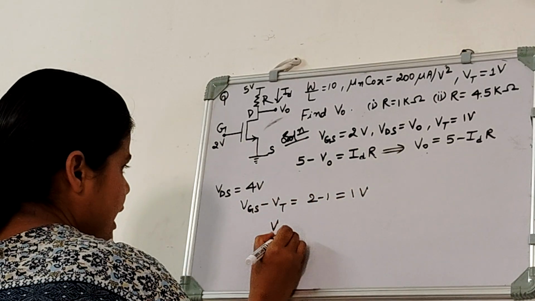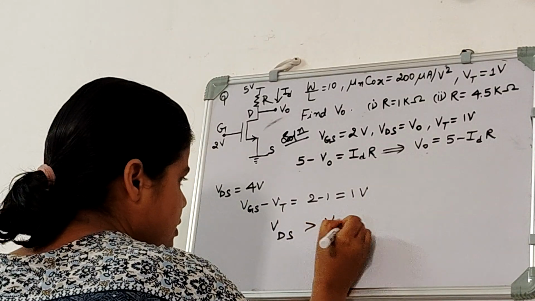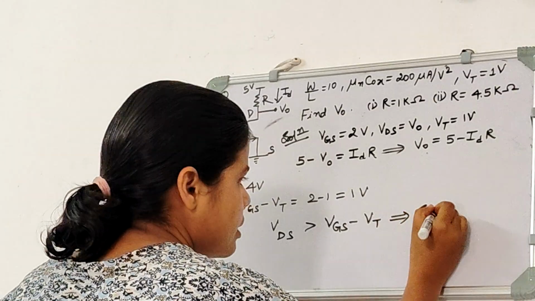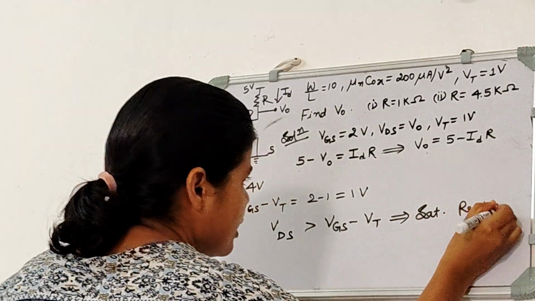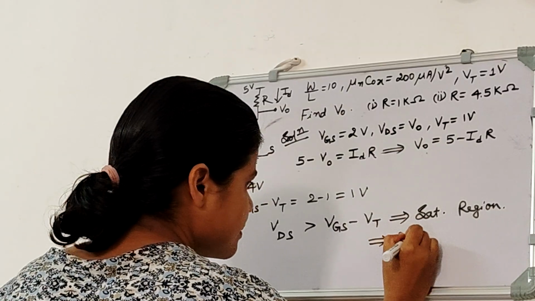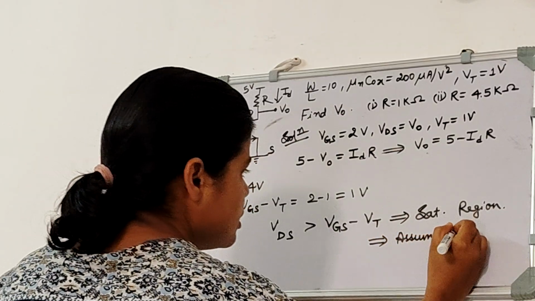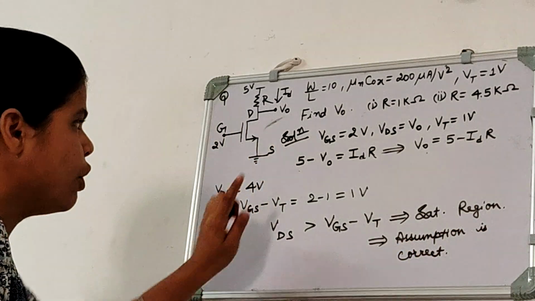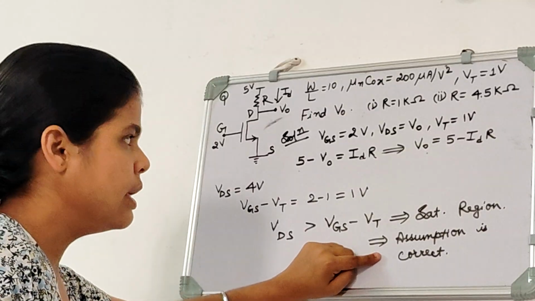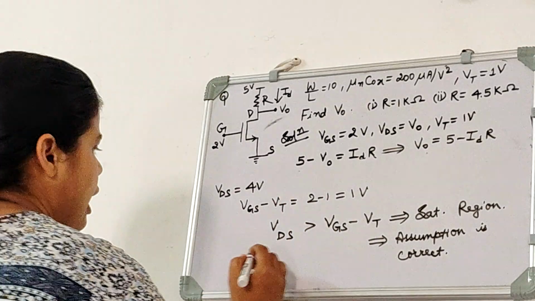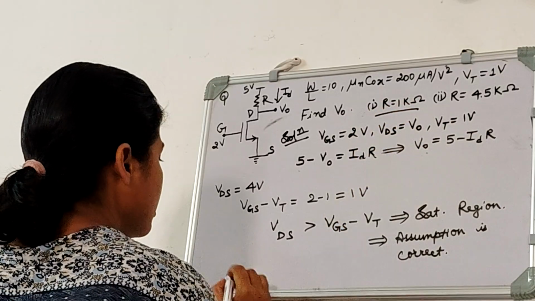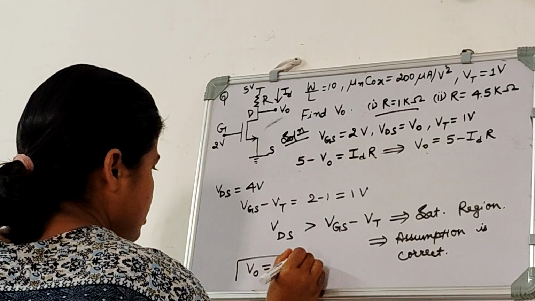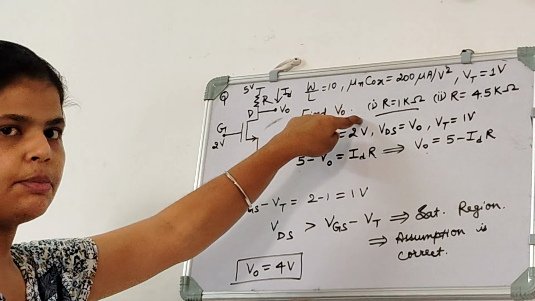So we can clearly see that VDS is greater than VGS minus VT, and this condition is for saturation region. So our assumption was correct. Whatever value we found for V naught using this assumption is correct. So our final answer for number 1 is that V naught equals 4 volt.